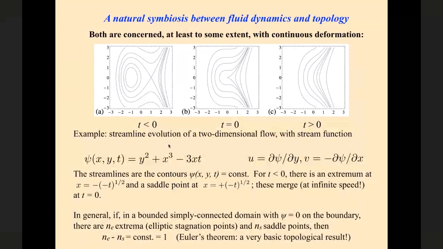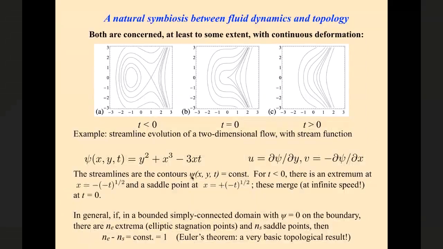These pictures show streamline evolution of a two-dimensional flow with a stream function, psi, function of x, y, and t. So it's unsteady: psi equals y squared plus x cubed minus 3xt. The velocity components are dpsi/dy and minus dpsi/dx. So it's an incompressible flow.